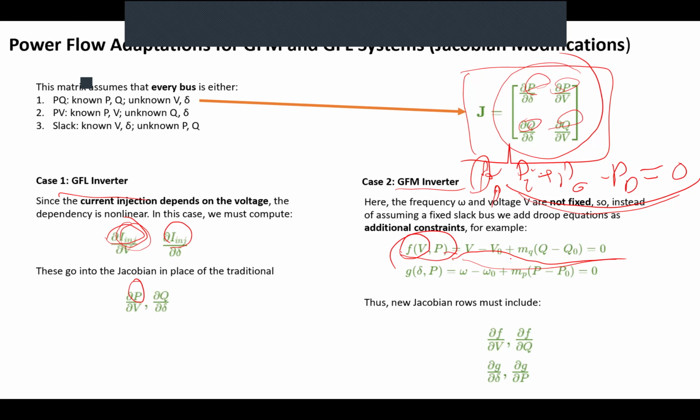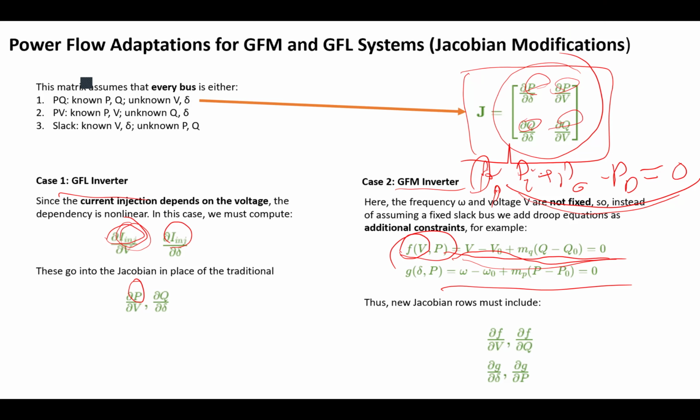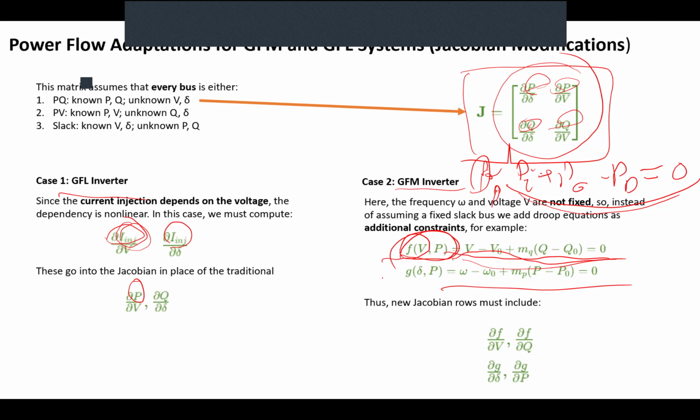We use the droop control functions instead of the power balance function that we have. So instead of P, we have a function of V and P and a function of P and delta and P. Are we good? So now we don't have one P to round.